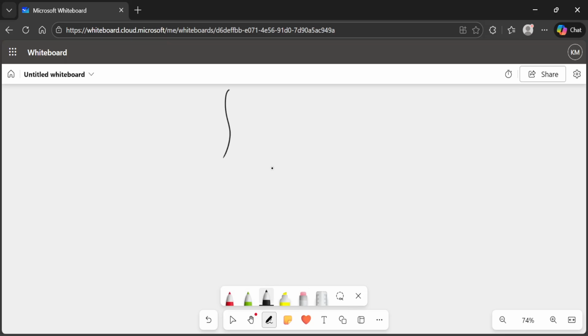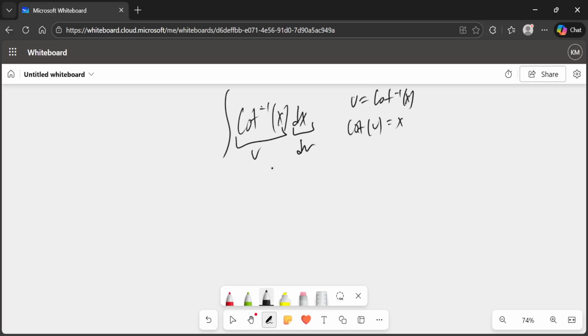Next one, cotangent. We'll do cotangent inverse. Sorry, I don't know what I'm doing. This should be u, dv. So u equals cotangent inverse x. Cotangent u equals x.